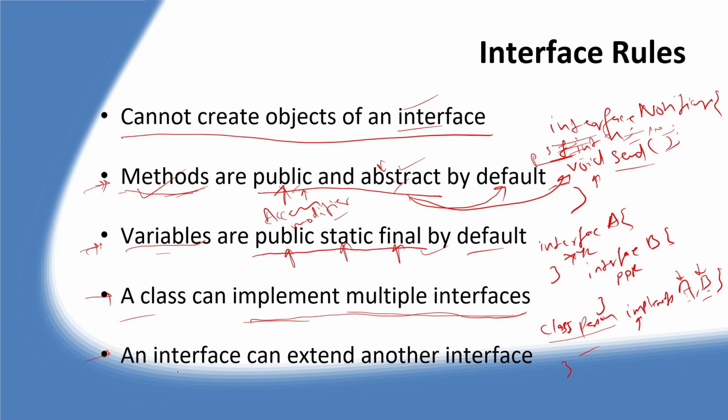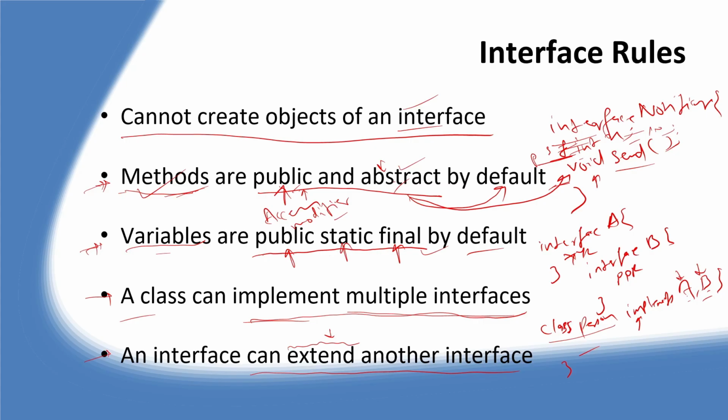Now an interface can extend another interface. What does it mean? I hope you remember when we use this keyword: in inheritance, we used the word extends. Class Child extends Parent means inheritance.